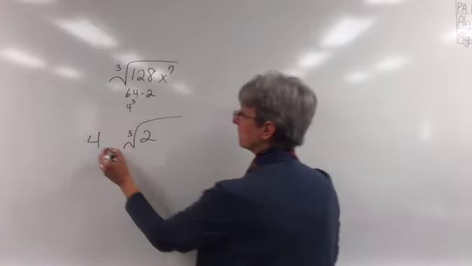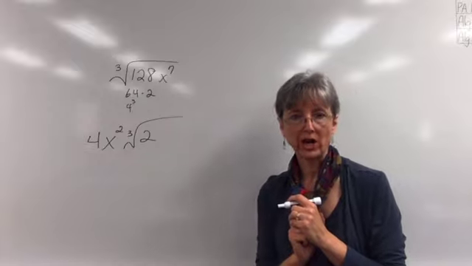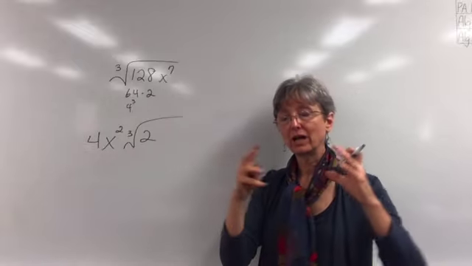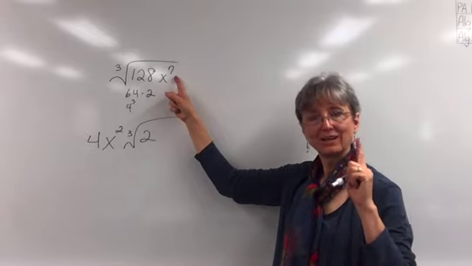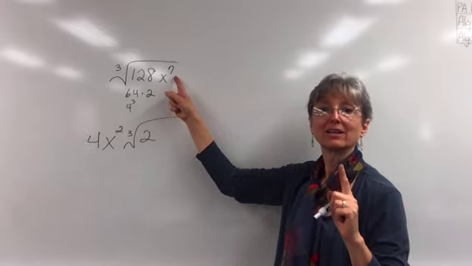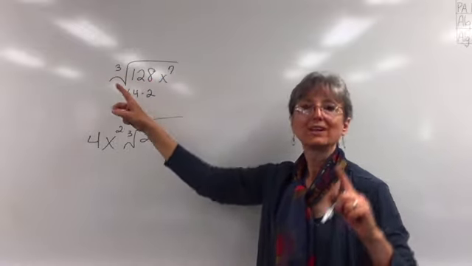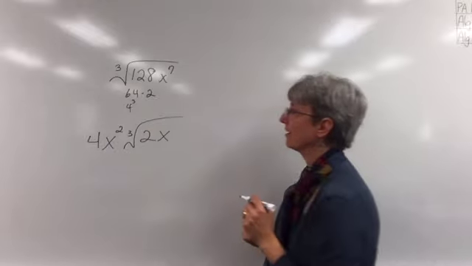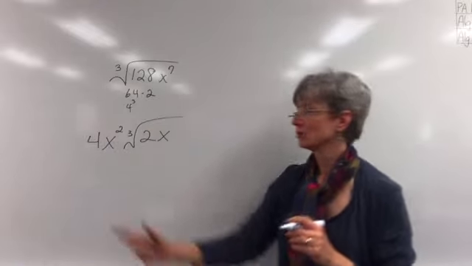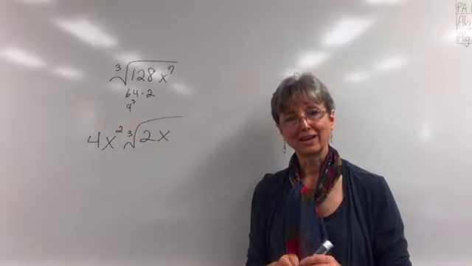That means I can pull out 2 x's, or x squared. Now when I pull out those 2 groups of 3, there's 1 remainder, isn't there? 7 divided by 3 is 2 with 1 left over. So that 1x stays in there, and I'm done. So it's 4x squared times the cube root of 2x.